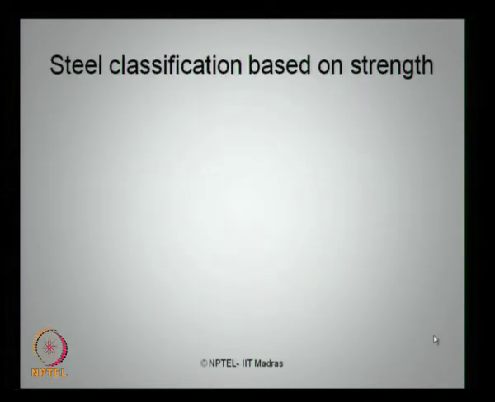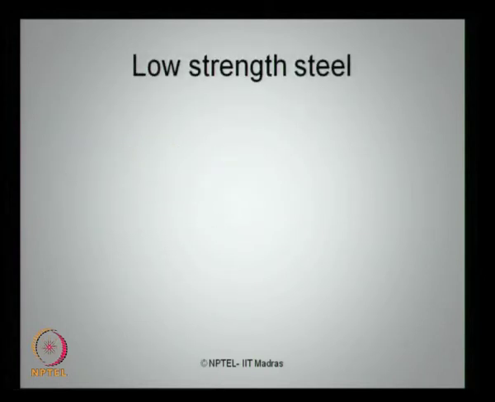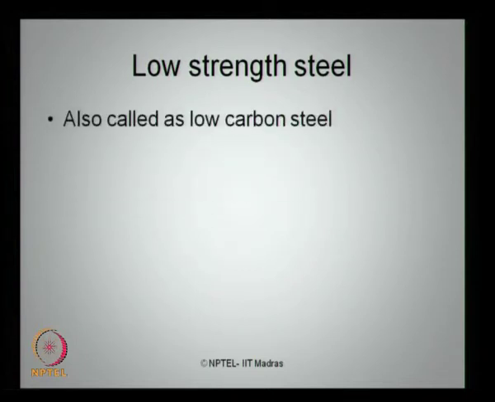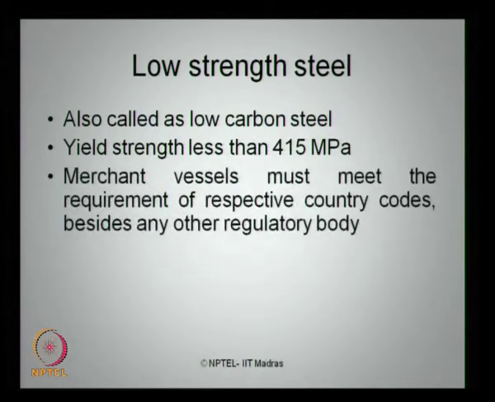You can also classify steel further based on its strength, as I said, low strength steel, medium strength and high strength steel. Now, let us quickly look at what we understand by a low strength steel. It is also called low carbon steel. Yield strength is less than 415 megapascal. The merchant vessels must meet this requirement, of course of different respective country codes besides any other regulatory body.